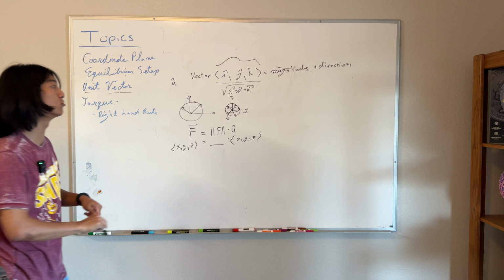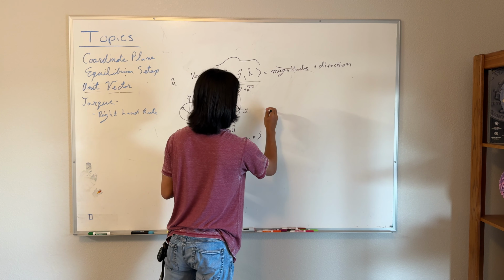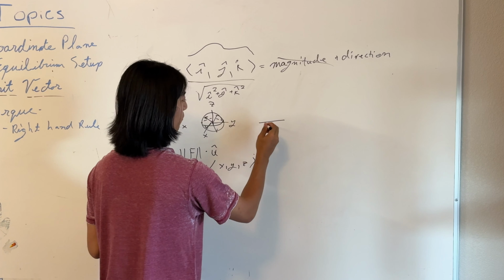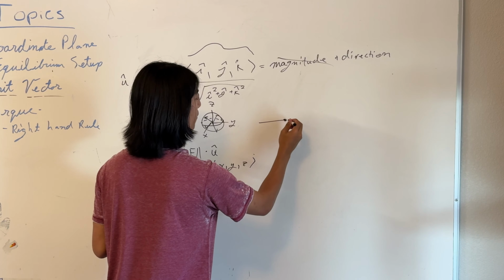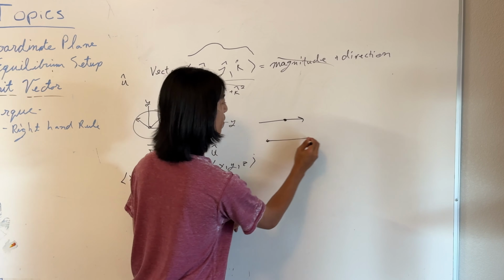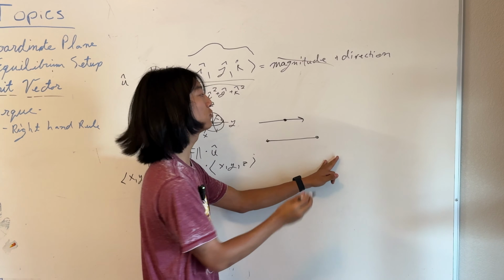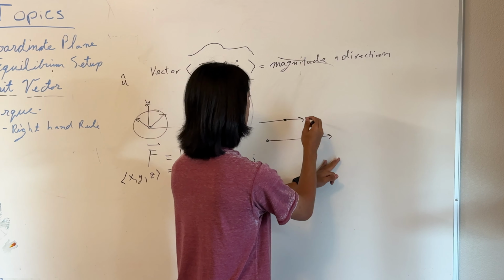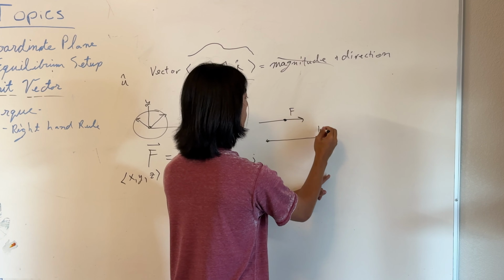So let's put this into a theory right here. This is a rope, and I'm going to pull on this rope at a certain force. Now let's add another rope, but this rope is longer than the first rope, and we're going to pull on it at the same force. So these are going to be equal.